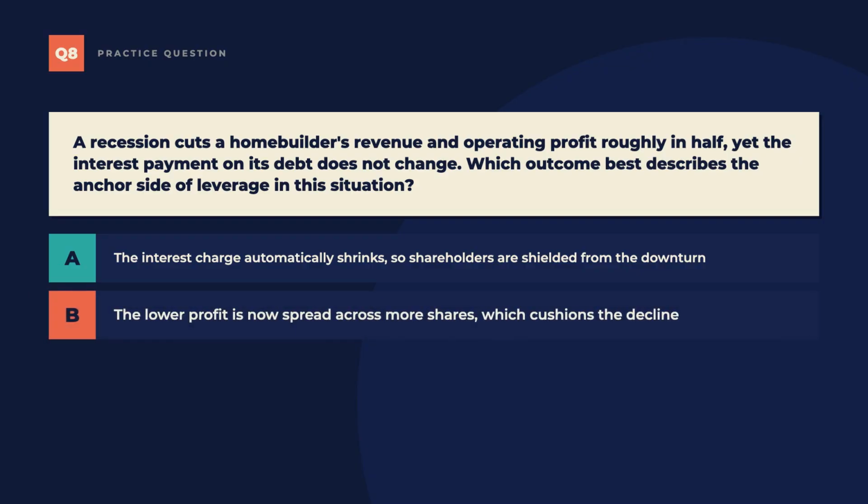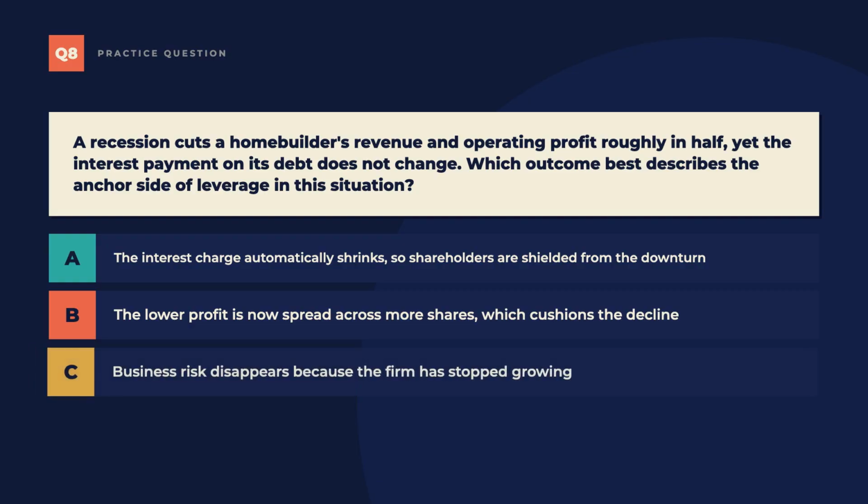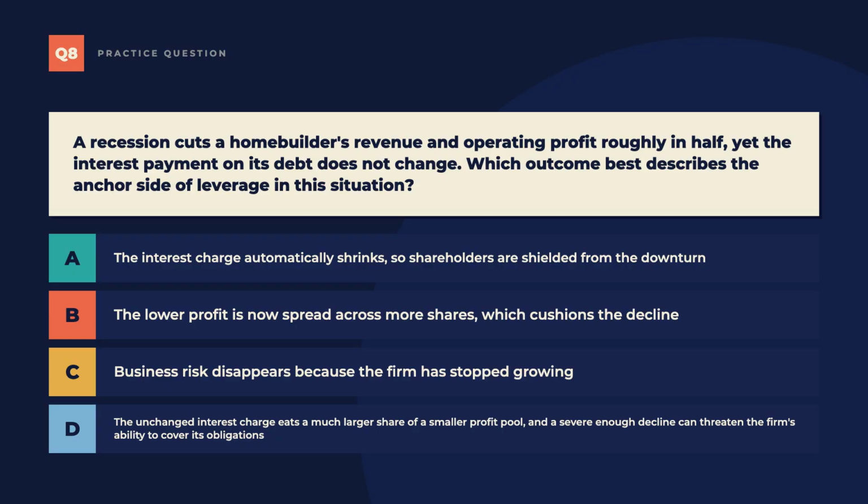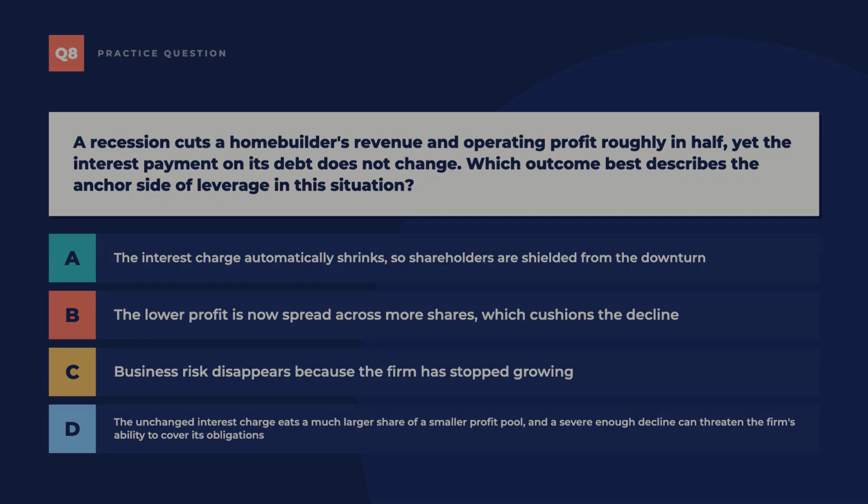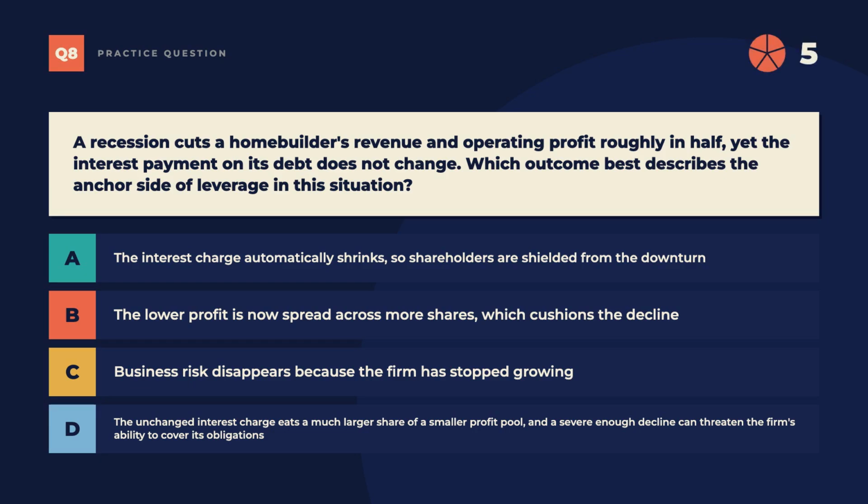B. The lower profit is now spread across more shares, which cushions the decline. C. Business risk disappears because the firm has stopped growing. D. The unchanged interest charge eats a much larger share of a smaller profit pool, and a severe enough decline can threaten the firm's ability to cover its obligations. Got a guess? Lock it in.